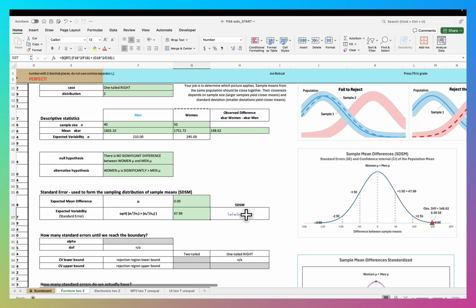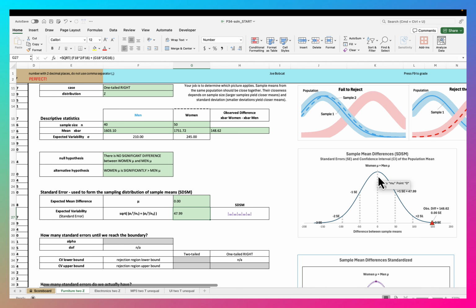We're going to use this number to form the sampling distribution of the sample mean, which is over here. This is what you would get if you took 1 million different pairs of samples, subtracted the means, and plotted the differences.